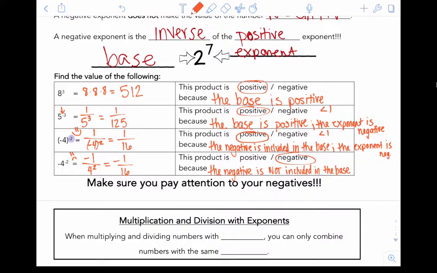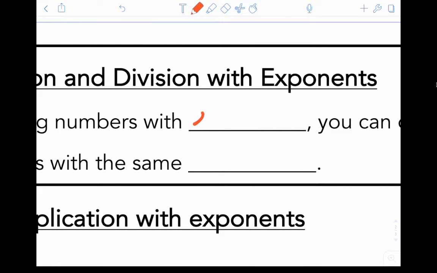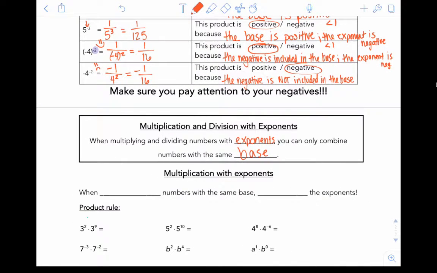Now, before we do some more problems together, I want to talk about multiplication and division with exponents. So when you multiply and divide numbers with exponents, it's super, super, super important that you only combine numbers with the same base. They have to have that same base number or same base variable in order to multiply them or divide them.